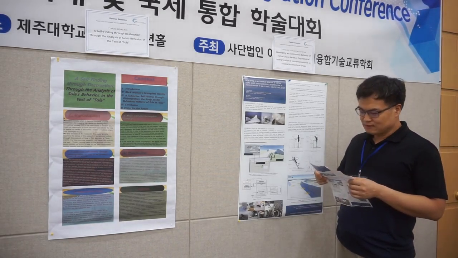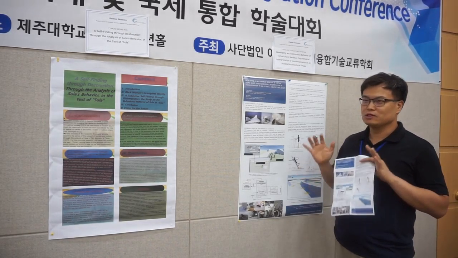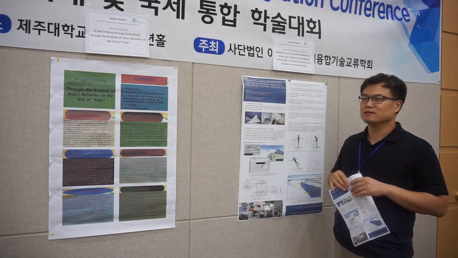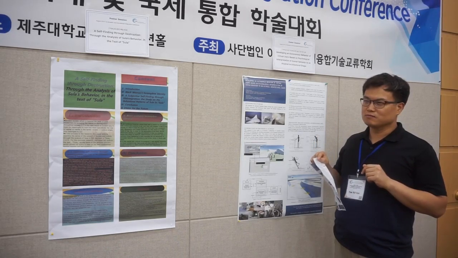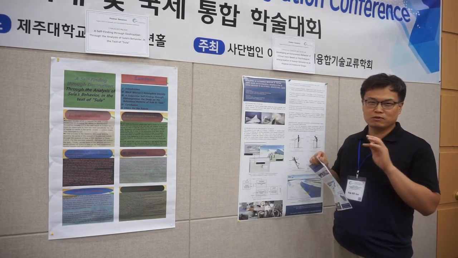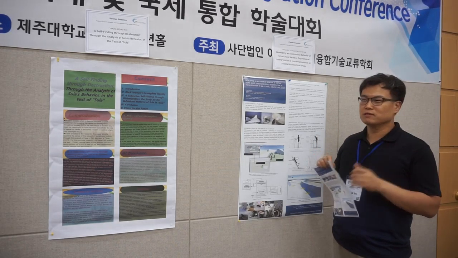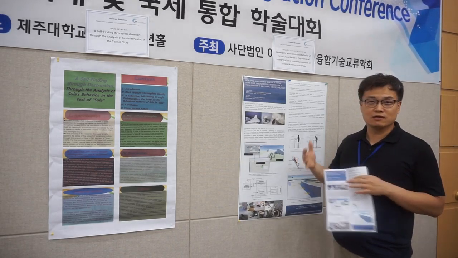The atypical building, meaning not rectangular, not Euclidean building, you can call it atypical or non-Euclidean building, appears a lot.